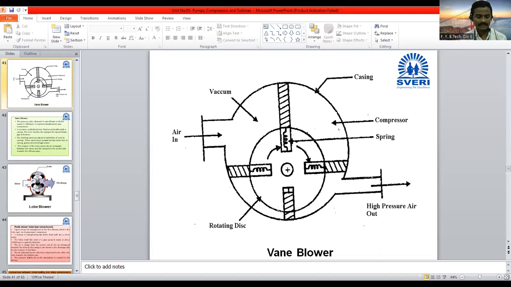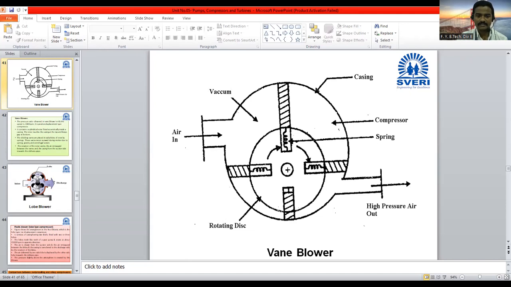Full stop. As a disc rotates, the springs are compressed. ज्यावेळी डिस्क रोटेट होईल त्यावेळेस स्प्रिंग्स काय होणार, कॉम्प्रेस होत जाणार. The springs are compressed and vanes move towards center, and vanes जे काही veins आहेत, these are the vanes.